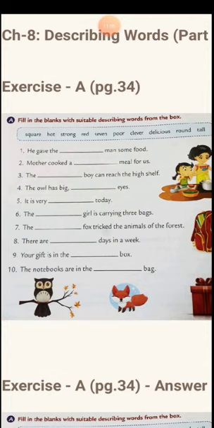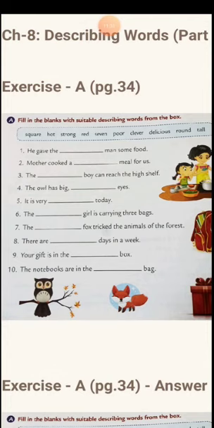So third question is the dash boy can reach the high shelf. Now, who can reach the high shelf? Someone who is very tall. So here the right describing word will be tall, tall boy.